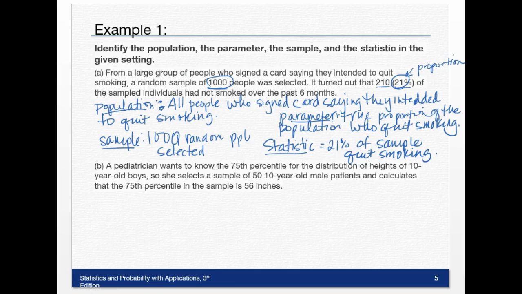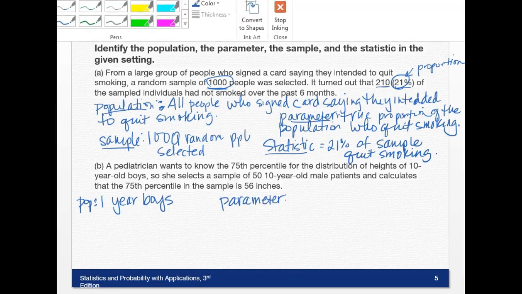So let's look at B. A pediatrician wants to know the 75th percentile for the distribution of heights of 10-year-old boys. So she selects a sample of 50 10-year-old male patients and calculates that the 75th percentile in the sample is 56 inches. What's our population here? She wants to know about the heights of 10-year-old boys. What's the parameter we're trying to predict?